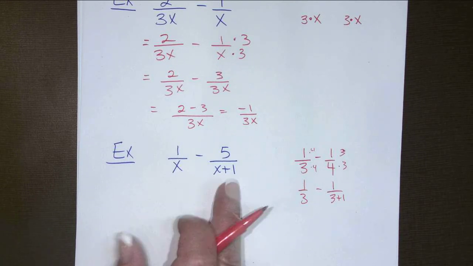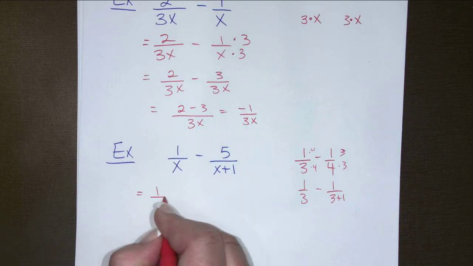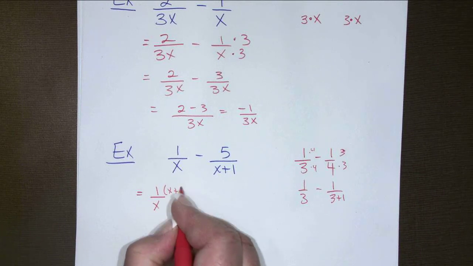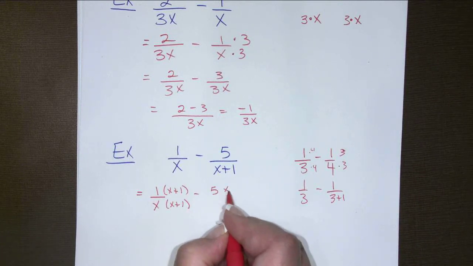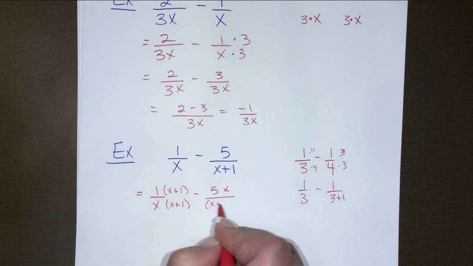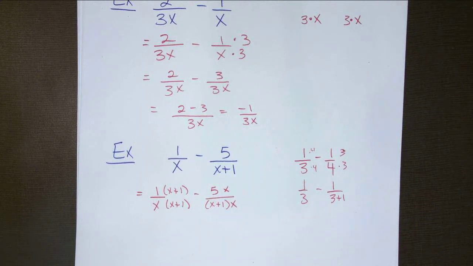So here we need to multiply the first one by x plus 1. Make sure it's in a bracket because it has more than one term. And the second one by x. And our common denominator is actually x times x plus 1.